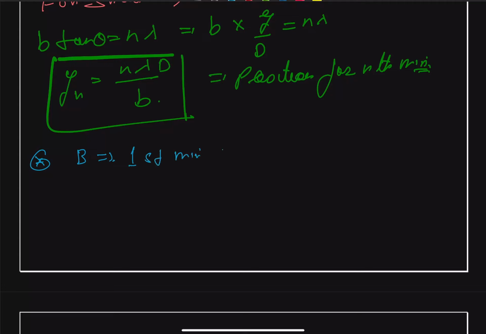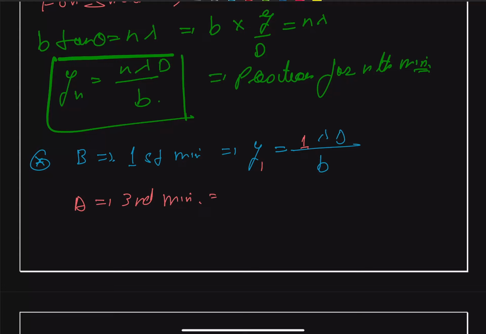Therefore, we can write our y1 will be equal to lambda capital D divided by B. And A is our third minima.